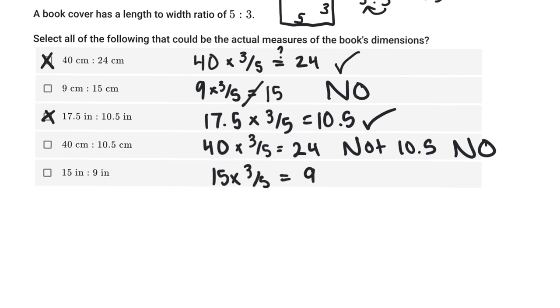Yep, because 15 divided by 5 is 3, times 3 is 9. So this one is proportional. So we find our constant of proportionality. If it helps to put those into a chart like that, you can. And then you just check to see if multiplying the constant of proportionality gives you the second number.